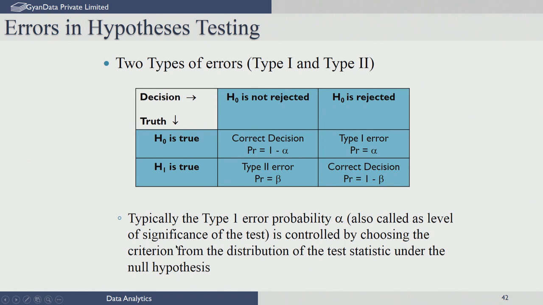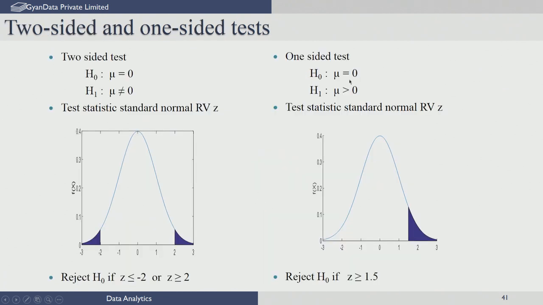So, we will choose the criteria from the distribution of the test statistic under the null hypothesis, because the null hypothesis is very precisely stated. If you go back and look at it, we are able to state the null hypothesis precisely. The parameter value is 0, whereas for the alternative hypothesis, we do not know what the parameter value is. We entertain a huge set: mu not equal to 0 involves everything other than 0. So, the exact parameter value is not clearly defined in the alternative, whereas for the null it is clearly defined.